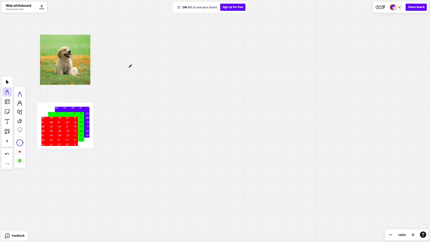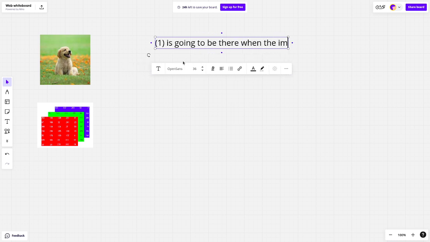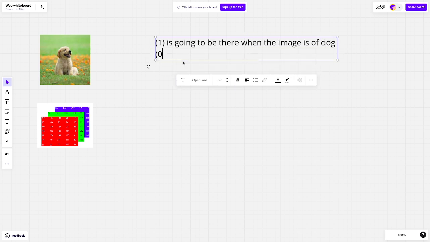So first of all, let's suppose 1 is going to be there when the image is of a dog, and 0 is going to be there when the image is of a cat, I mean the image is not of a dog.